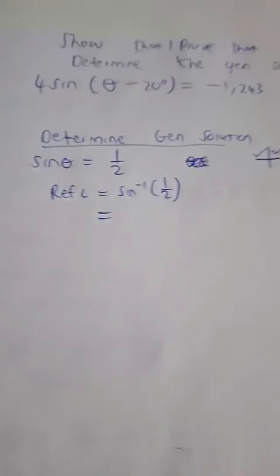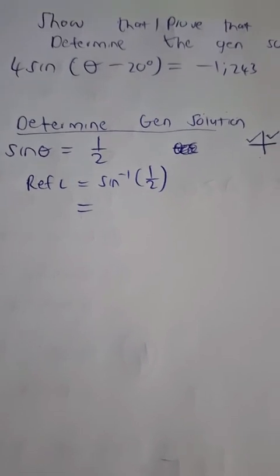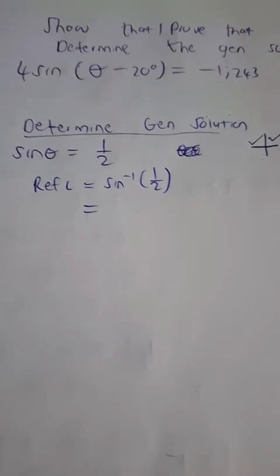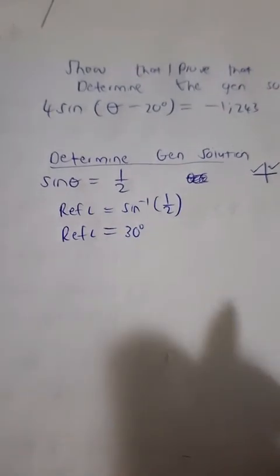What do you guys get? I'm trusting my people that have their calculators to be able to assist me here. Thank you, 30 degrees. So guys, we call this the reference angle.